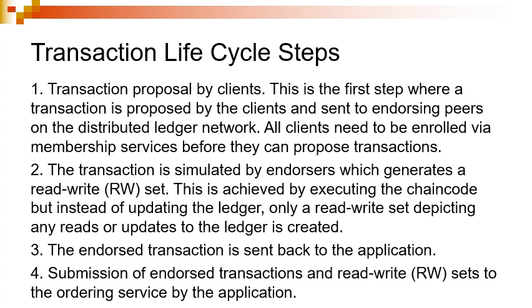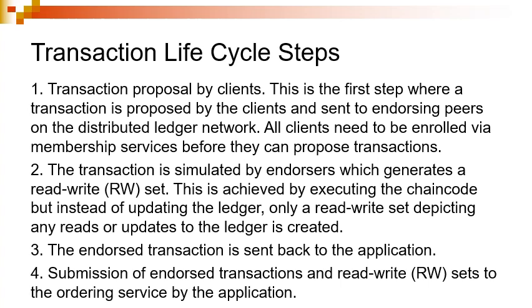If the business conditions are satisfied, then the transaction can be committed to the ledger. But instead of updating the ledger, only a read-write set depicting any reads or updates to the ledger is created.